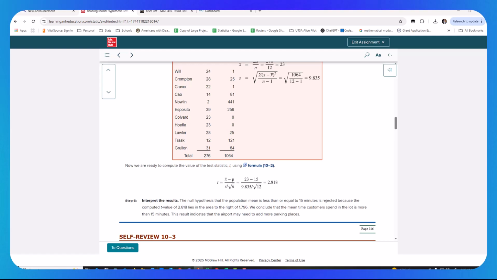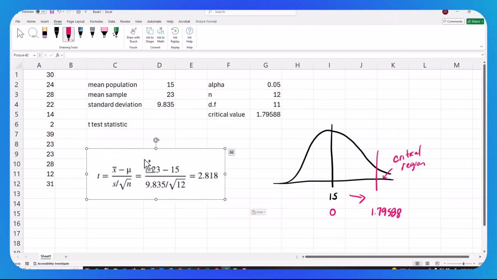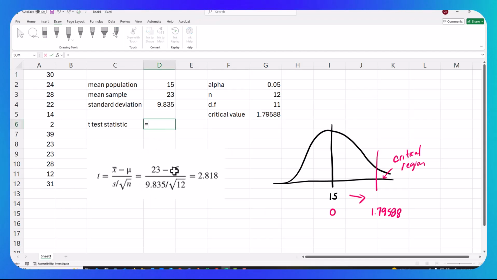Sometimes it's nice while I'm typing it in. So equals, I need to put the top in parentheses. X bar is my sample mean minus my population mean divided by, put the bottom in parentheses, the standard deviation divided by the square root of the sample size.